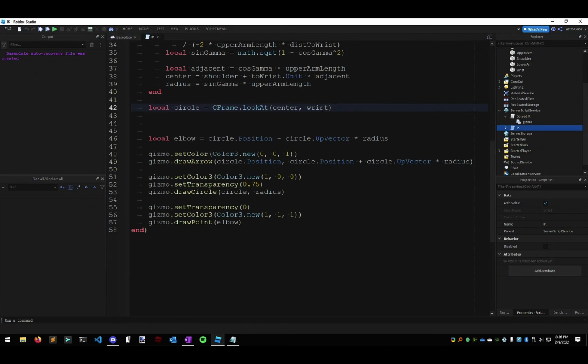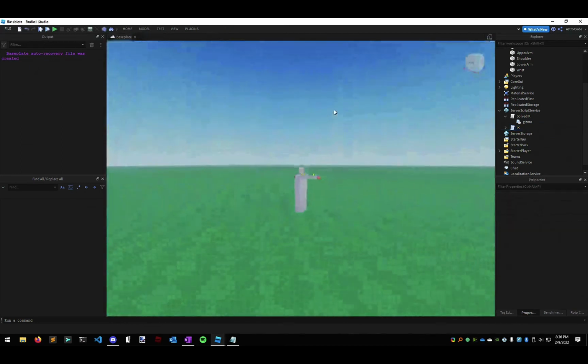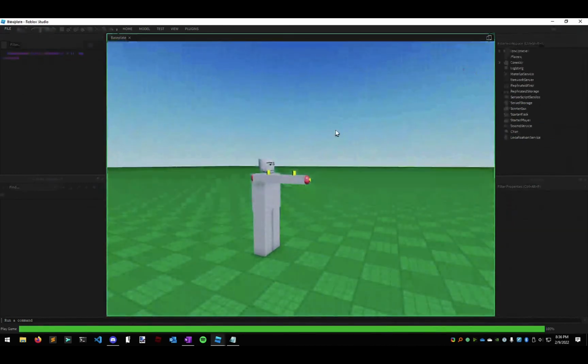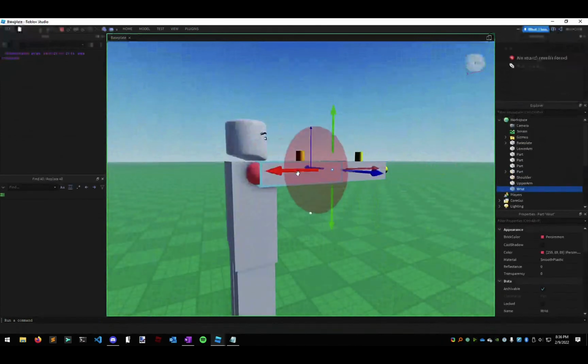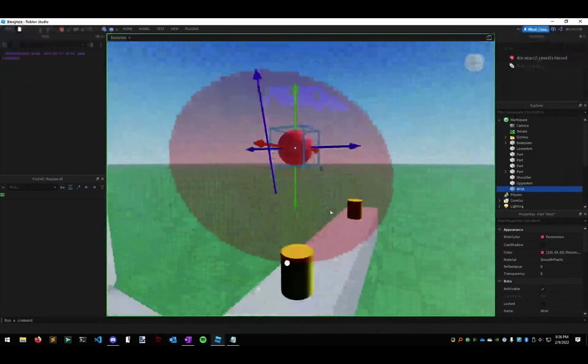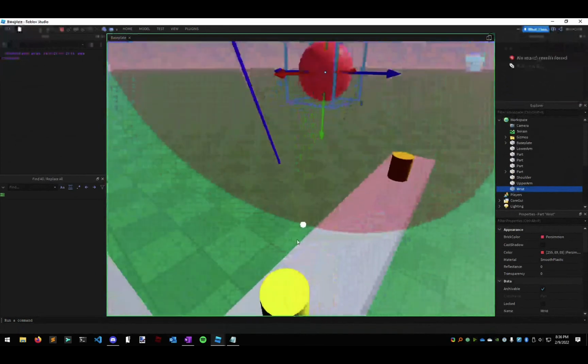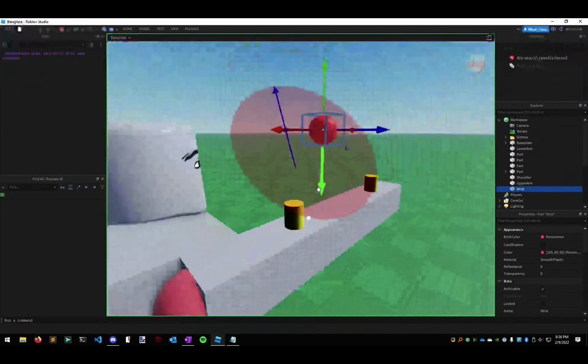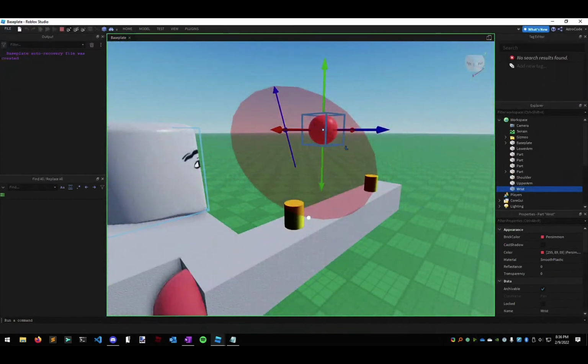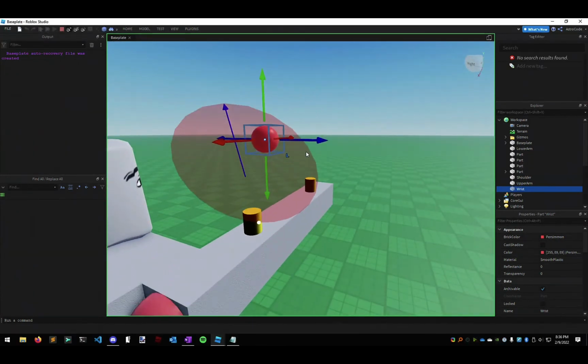A nice way to twist the arms kind of naturally is to twist the arms in the direction from the elbow to the center of the circle. It gives them a natural twist.